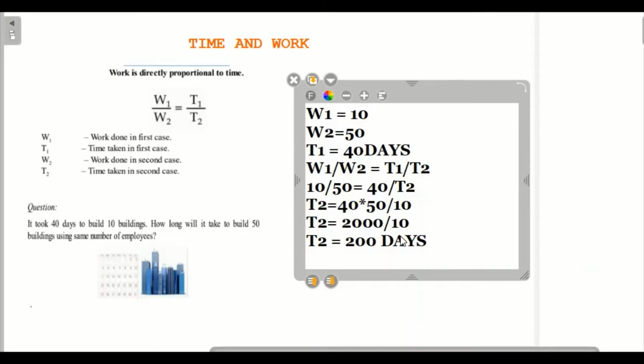For case 1 it is 10 buildings, for case 2 it is 50 buildings, and the time taken in the first case is 40 days. Substituting in the formula, 10 by 50 is equal to 40 by the time taken in the second case. We cross multiply T2 and we get the answer: 200 days.